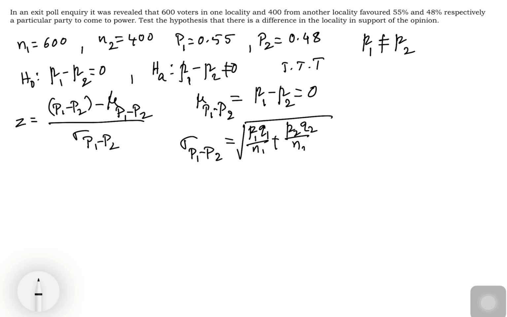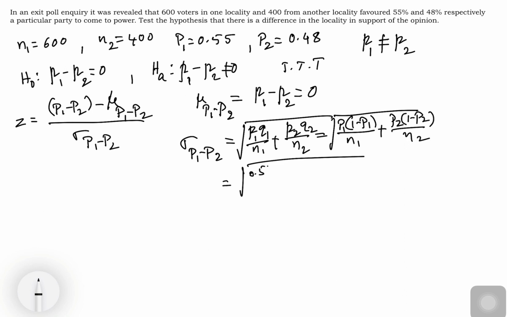Sigma of P1 minus P2 is given by the square root of P1 Q1 divided by N1 plus P2 Q2 divided by N2. Since we do not know the population proportions, we can take whatever is available for us: P1 into 1 minus P1 divided by N1 plus P2 into 1 minus P2 divided by N2. Substituting the values, 0.55 into 0.45 divided by 600 plus 0.48 into 0.52 divided by 400, which is found to be equal to 0.0322.